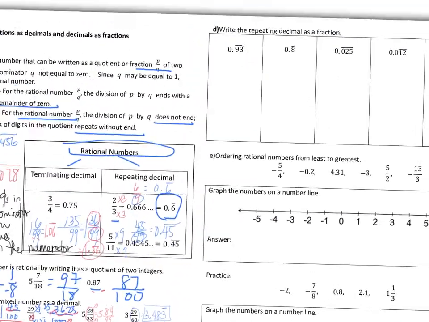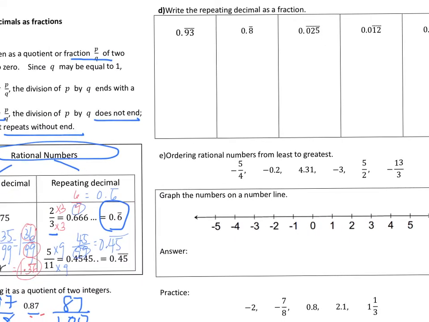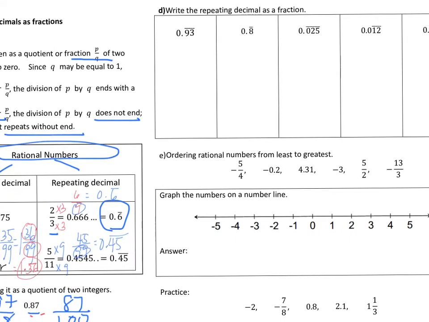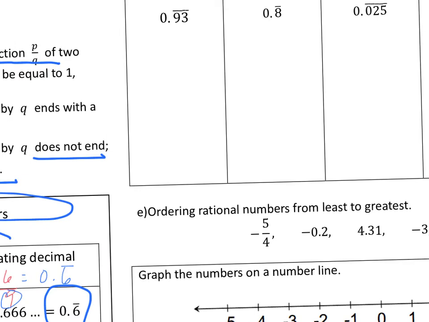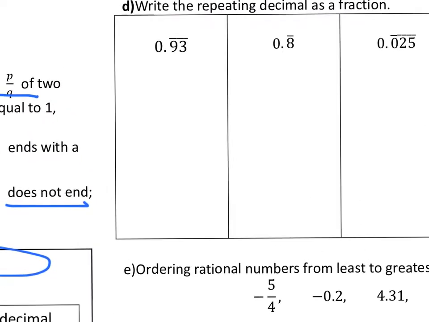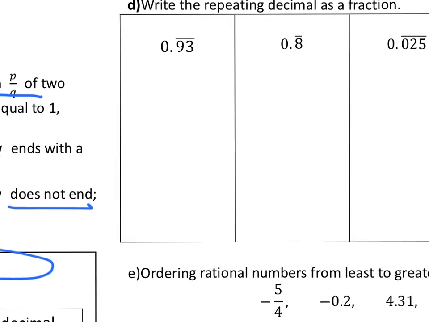Now we need to convert repeating decimals to fractions. So let's take 0.93 repeating for example. And we're going to let that equal x.